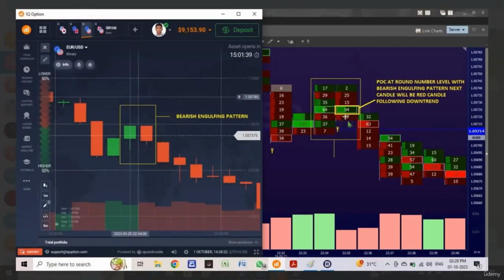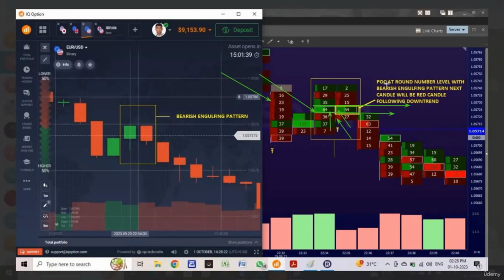If we place our trade here, this candlestick breaks this level, breaks this POC area, and closes below here, and it will give us a loss. So we must follow the trend. When the trend is a downtrend market, we have to place our trade in the direction of the trend. This is my POC.